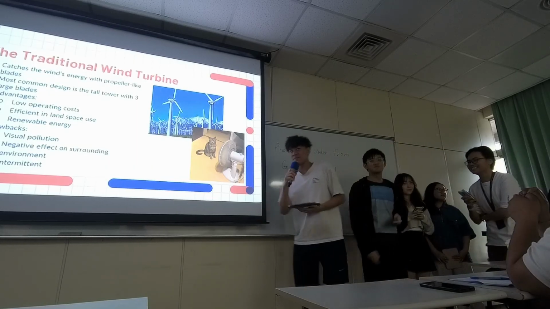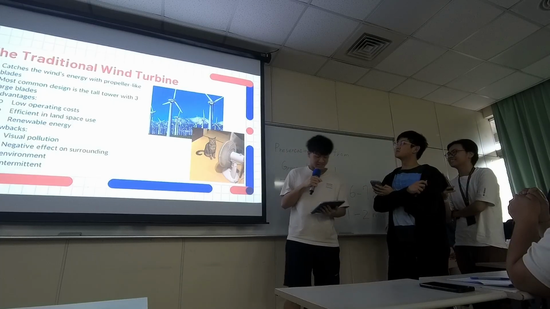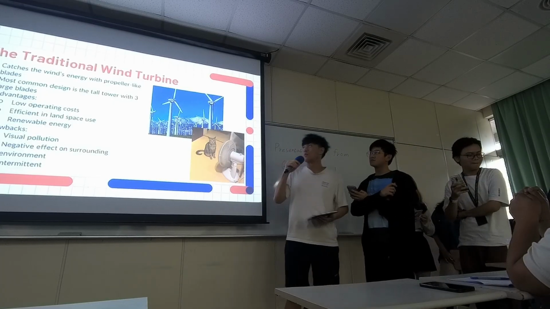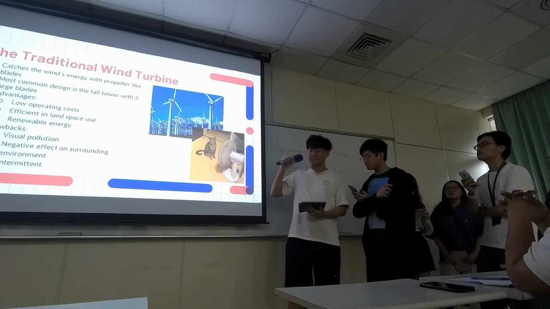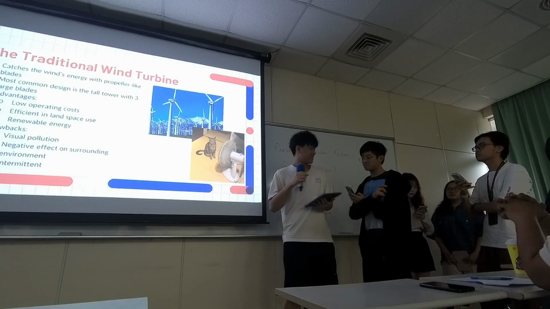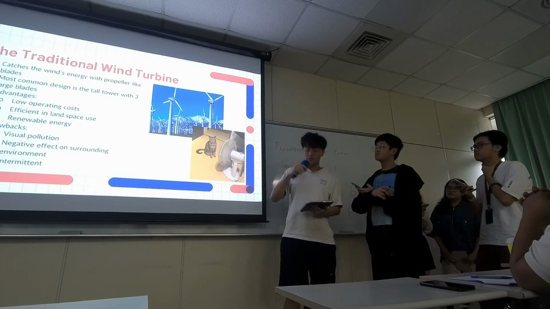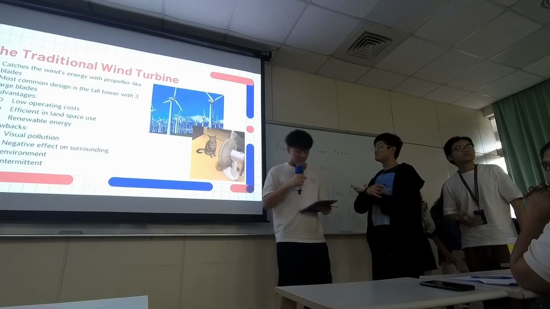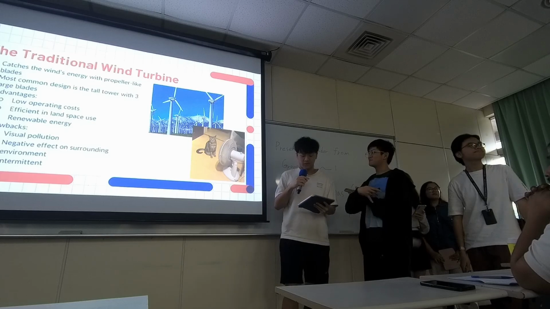So this is supposed to be my teammate's part of the speech, but I'm just going to say it for him. One of the first things that we'll be talking about is the traditional wind turbine.